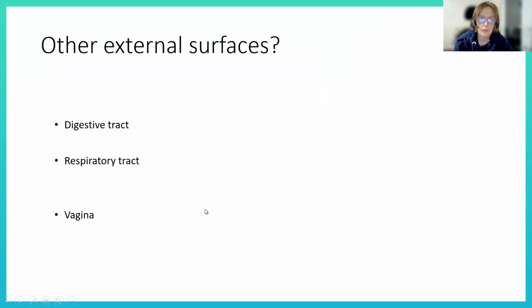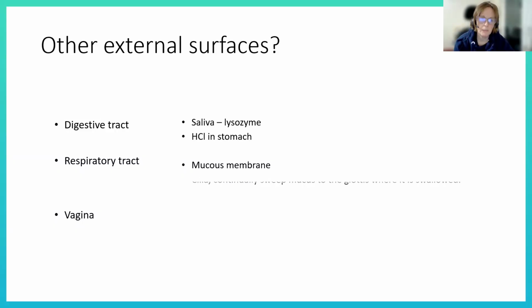So the main external surfaces then, other than the skin, that we need to think about is the digestive tract, which has got saliva, which has lysozyme in it, which breaks down cell walls. The hydrochloric acid in the stomach, really nasty to live in. The respiratory tract, it's got this mucous membrane, so we're moving that mucus over the surface, trapping bacteria, cilia sweeping it over, and then it gets swallowed, where it goes straight into the stomach.